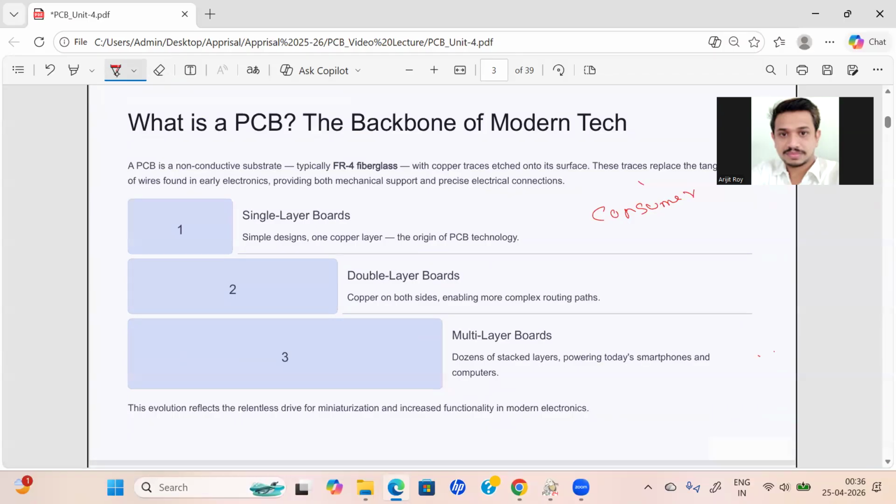The products are everyday electronics, what we are using, suppose TV, basic instruments, our smartphone. The PCB board we are using in this type of devices is called a consumer product.